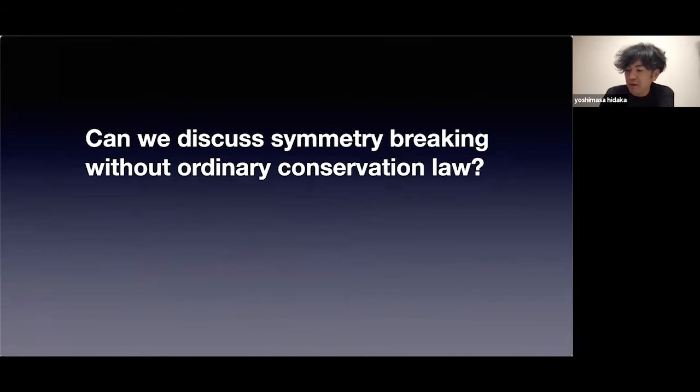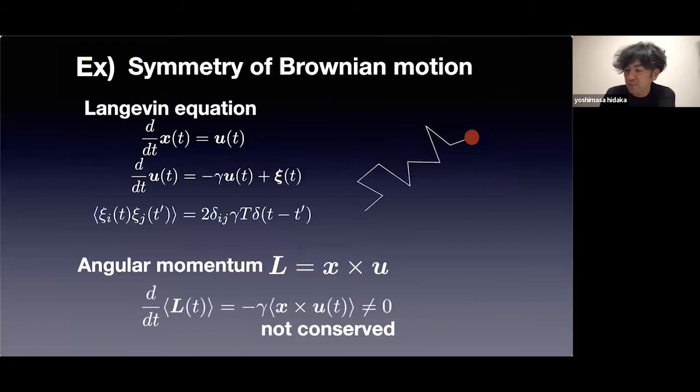But there is some question. Can we discuss symmetry breaking without an ordinary conservation law? As I said, this is an open system, so there is no ordinary global symmetry. To think about the symmetry in this kind of system, let's consider Brownian motion.